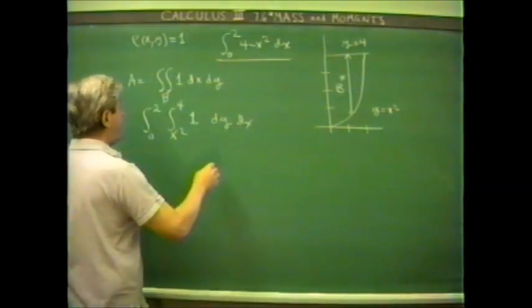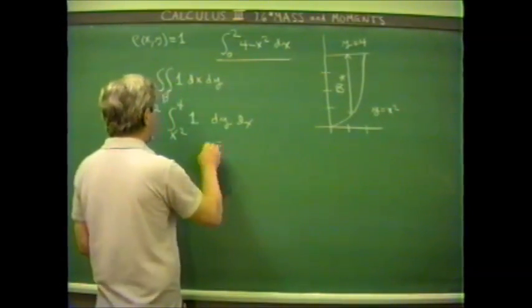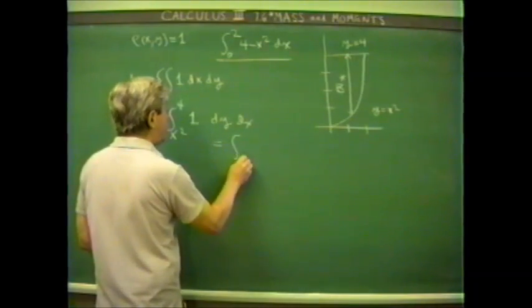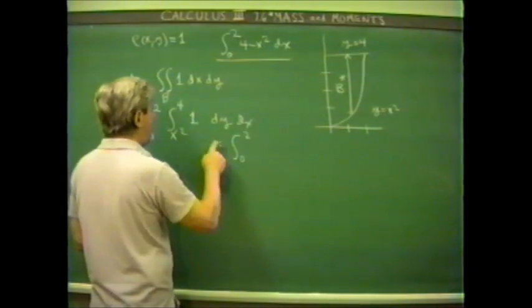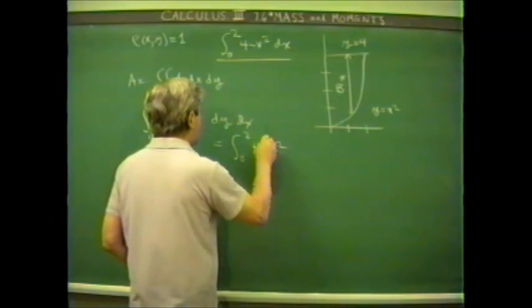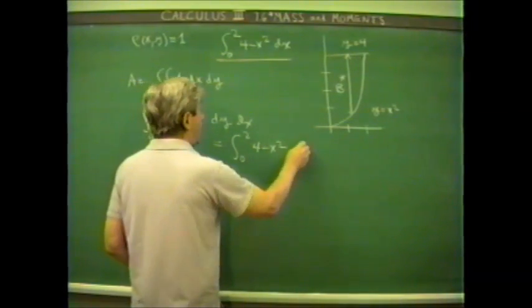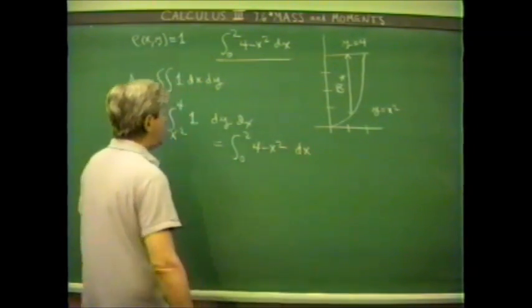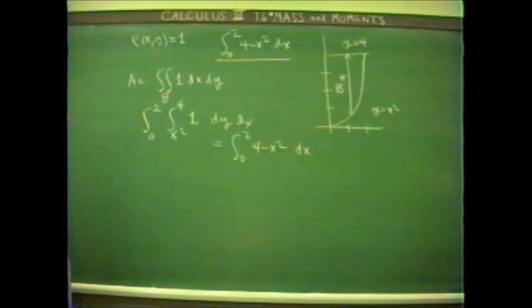This gives us the integral from 0 to 2, where the integrand is 1, the antiderivative is y, evaluated at the endpoints, giving 4 minus x squared. Now we integrate this with respect to x, so we have the same integral you get from calculus 1.